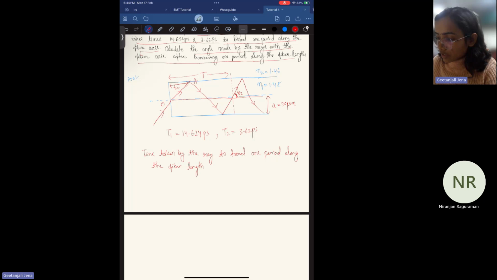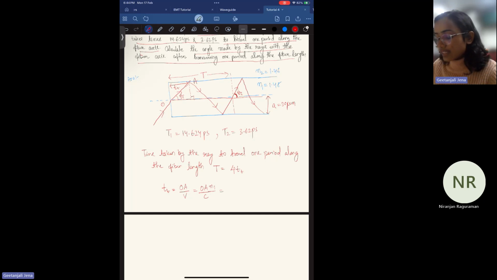It is nothing but T is 4 times the TT. And TT, if you recall, is the time taken to travel the OA distance, right? So if it is theta I, that means TT is OA by v. And this is OA. What is the velocity? It is c by n1.